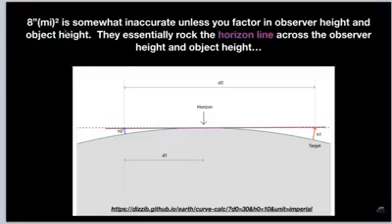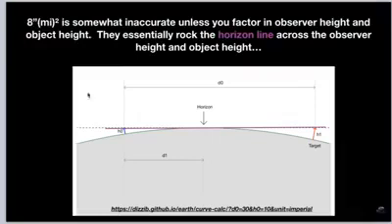So the 8 inches per mile squared issue, essentially what they do with this is they take this purple line and rock it across a horizon, right? So if you increase your observer height, you can see more of this object down to its base. And if you lose your observer height, this purple line gets rocked upwards.